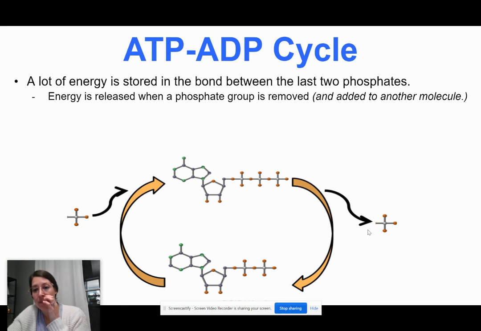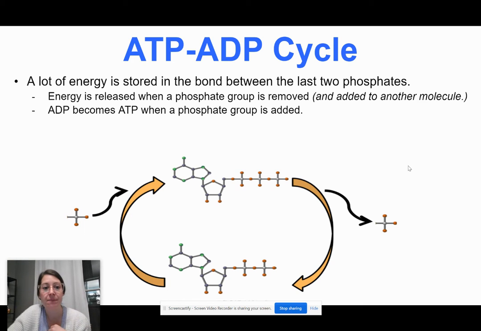So when it adds to another molecule, we release energy. We also have something called ADP, so this is adenosine triphosphate. ADP is adenosine diphosphate. So there's only two phosphate groups. ADP becomes ATP when a phosphate group is added.